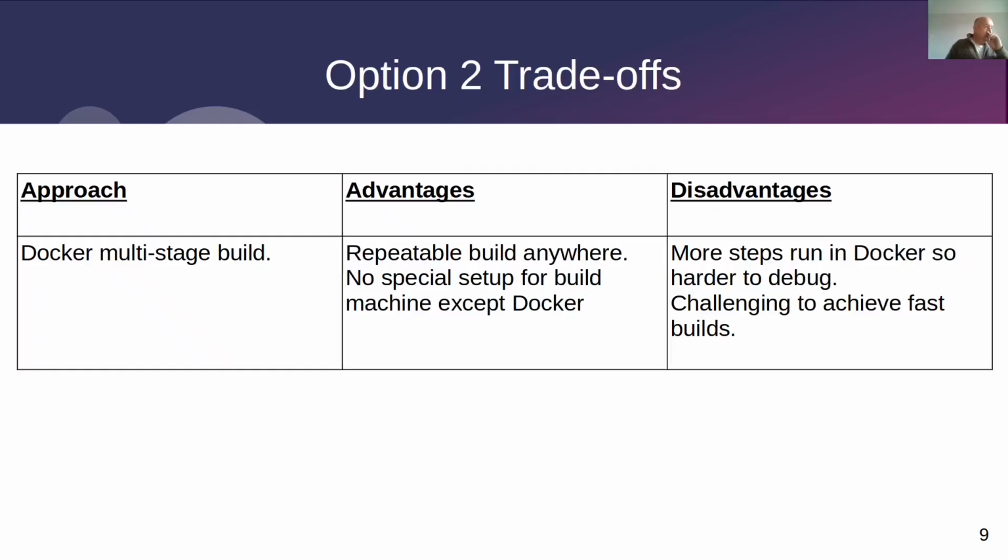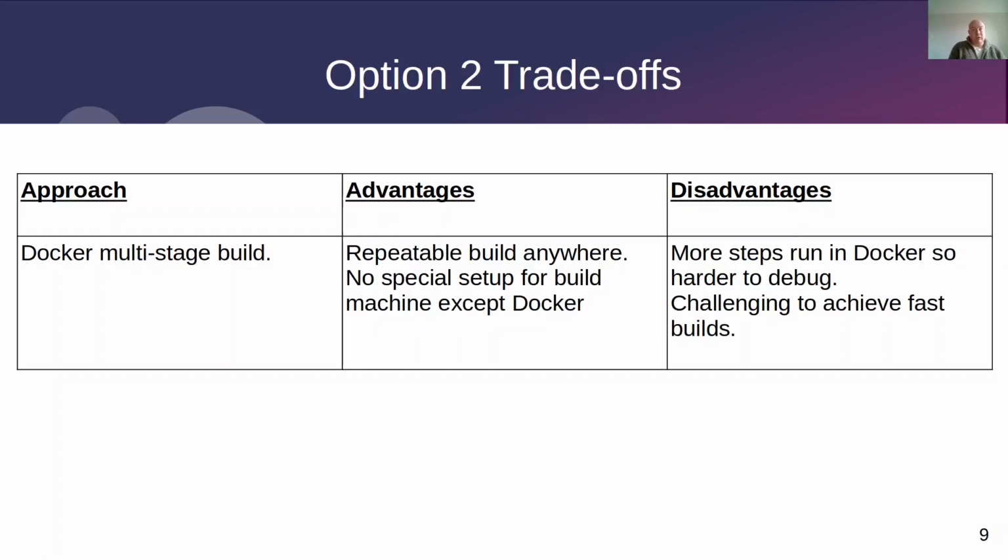Okay, let's just examine the trade-offs. So we took the Docker multi-stage build approach. So the advantages of this is that it's repeatable anywhere. So you don't need to have even Java installed on your machine because Docker sets that up. So there's no special setup other than having Docker.